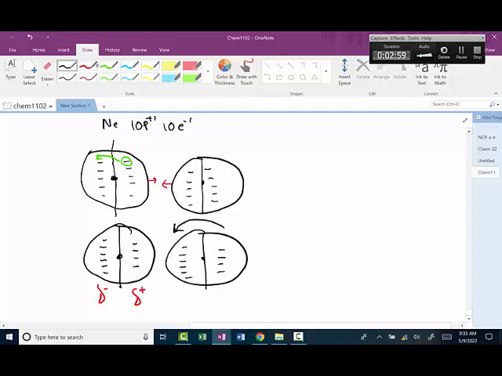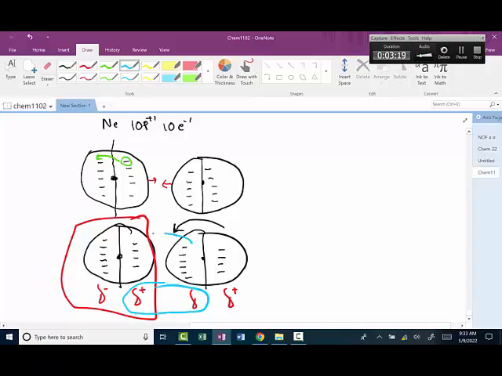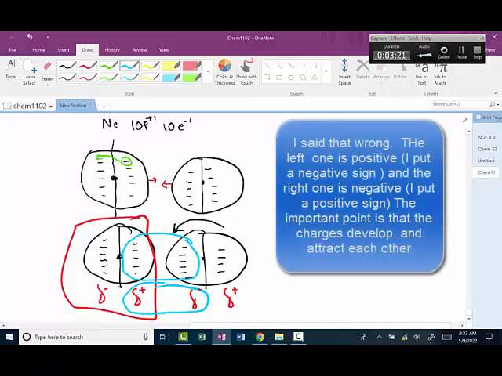And we end up with an induced dipole, induced by that atom. And so we have an attraction from the positive side to the negative side. So these partials attract each other: partially negative here and partially positive over here.